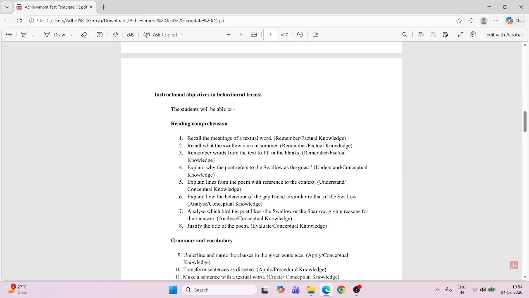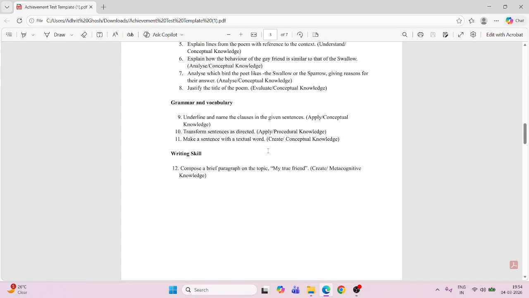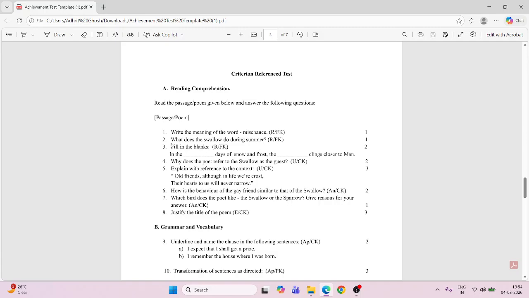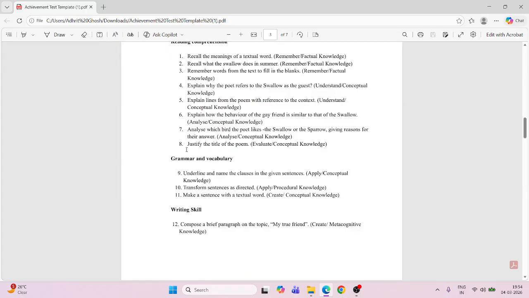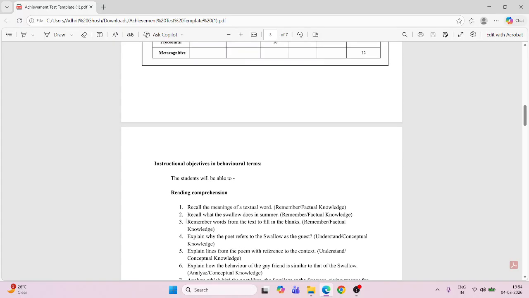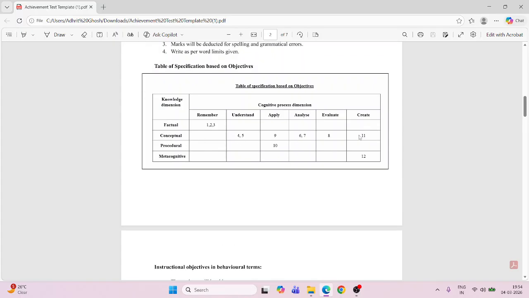And the numberings that are given over here, as you see, they are exactly based on the question numbers that have been given. See, this is the question paper, the criterion reference test. These numbers corroborate exactly with these numbers. As you can see, each objective has both the dimensions mentioned here, and accordingly their numbers have been placed here.